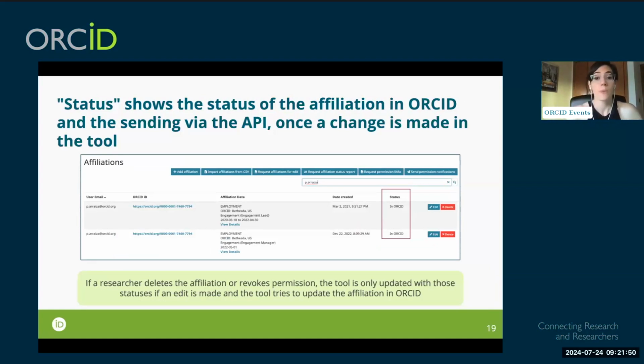Then the researcher might delete the affiliation on the ORCID record or revoke permission for the affiliation manager. And if you try to perform a new action over that affiliation, then the status will update and display, for example, affiliation deleted or user revoked permission.